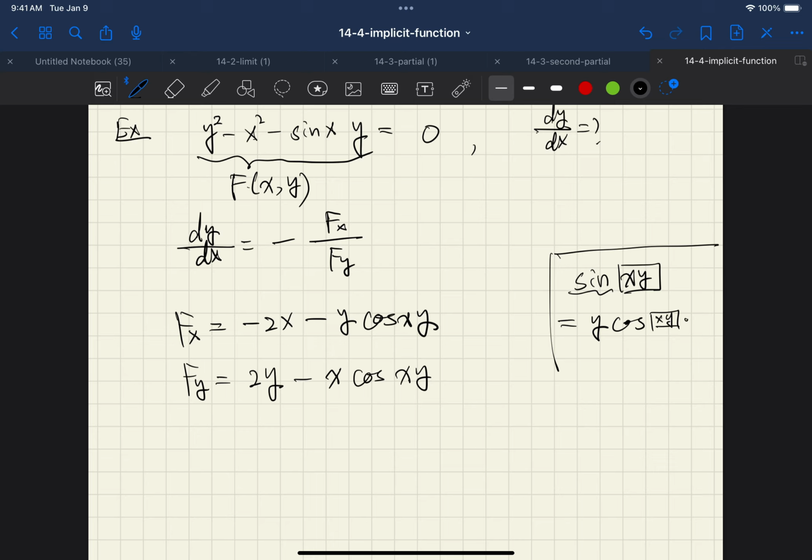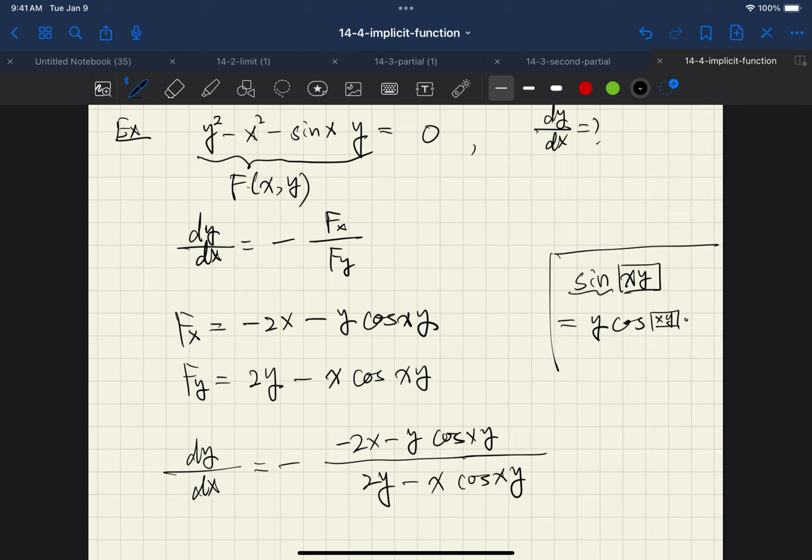So the answer is dy/dx is negative fx, negative 2x minus y cosine xy, over 2y minus x cosine xy. Negative and negative becomes positive, so it's better to write this as positive, and we are going to erase this negative sign.